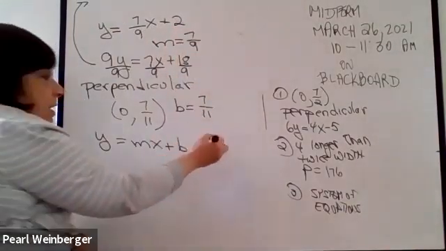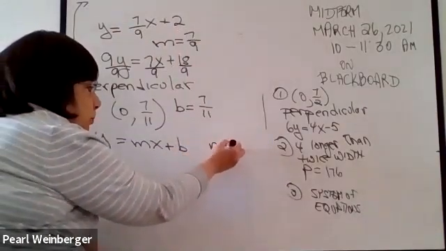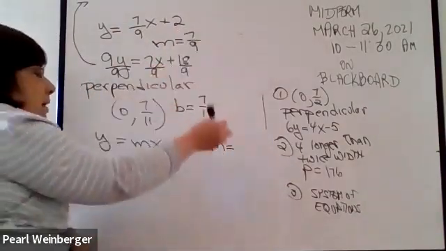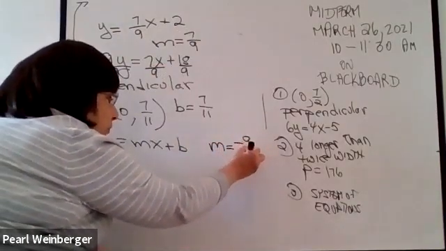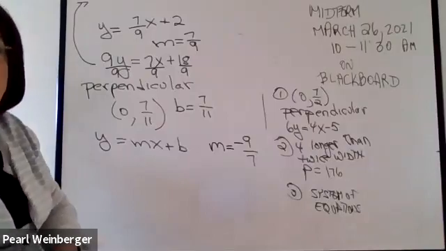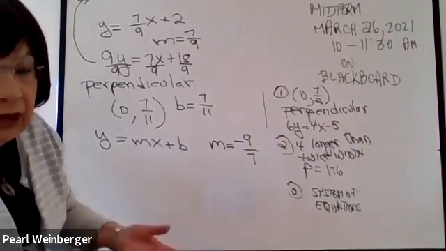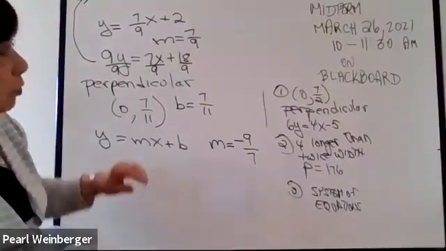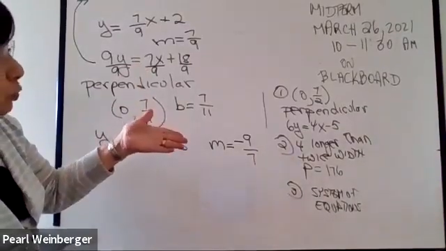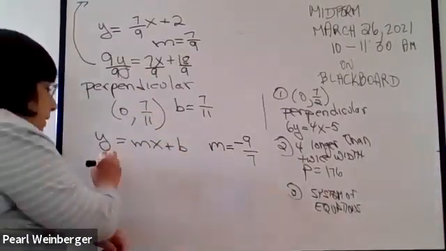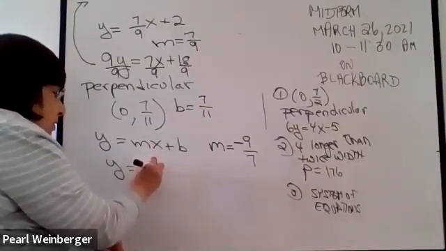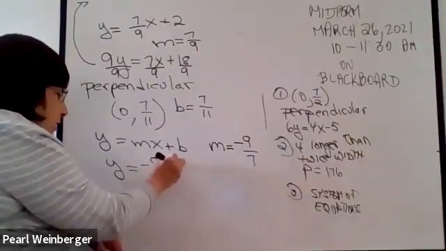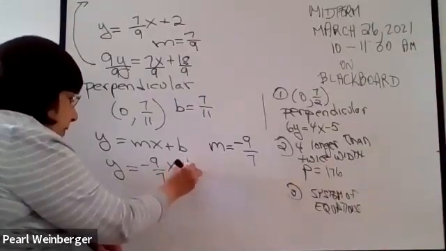Since my line is going to be perpendicular to this line, my slope is going to be negative 9 over positive 7. It's the negative reciprocal, or opposite reciprocal: you flip it over and switch its sign. So my equation becomes y equals negative 9/7 x plus b.